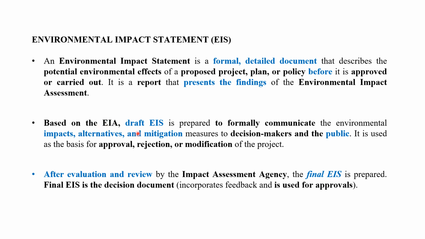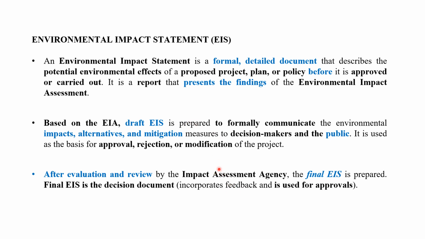Based on the EIA, a draft EIS is prepared to formally communicate the environmental impacts, alternatives, and mitigation measures to decision makers and the public. It is used as the basis for approval, rejection, or modification of the projects. After evaluation and review of the environmental assessment by the Environmental Assessment Agency, the final EIS is prepared, and the final EIS is the decision document in which the feedback is incorporated for approval.